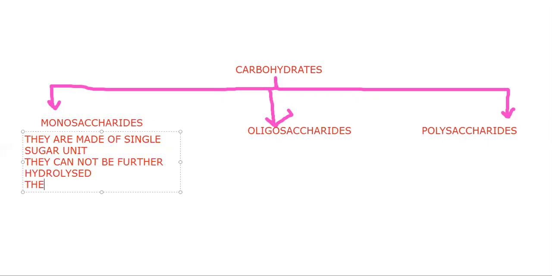They are crystalline, colorless, and sweet substances, and they are called monosaccharides, and they cannot be further hydrolyzed into smaller units.